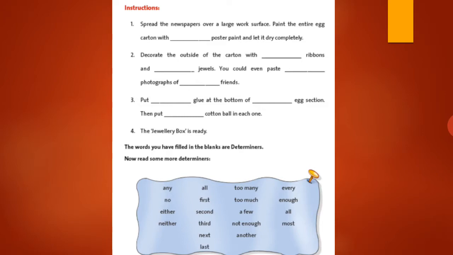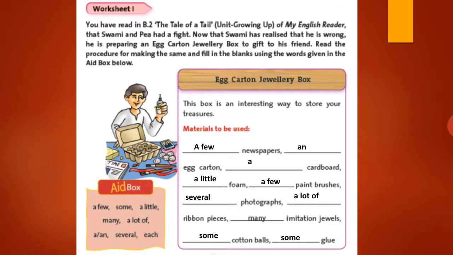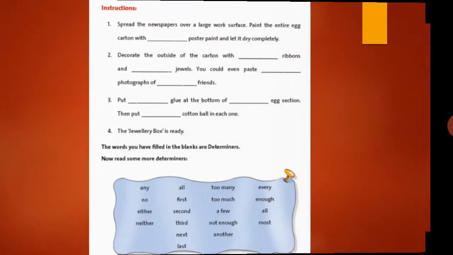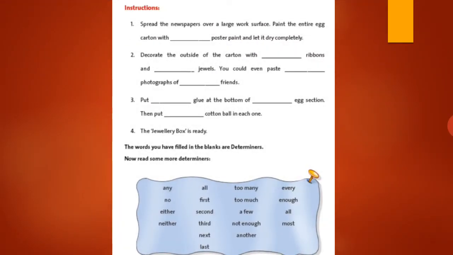The same box, you have to use these determiners to fill in these blanks also. Spread the newspapers over a large work surface. Paint the entire egg carton with some poster paint and let it dry completely.